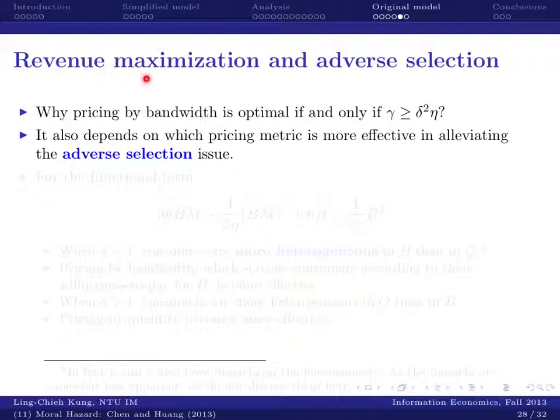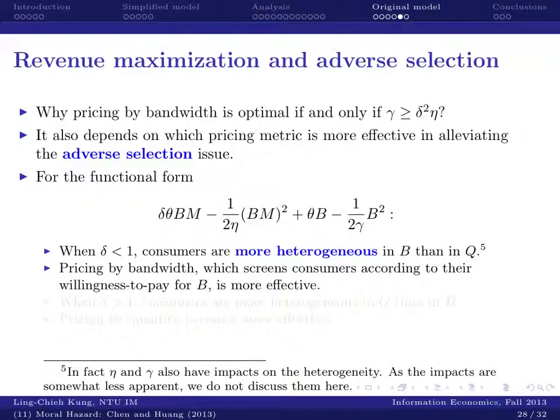Also, revenue maximization and adverse selection have some relationships. Again, we want to analyze this condition. It depends on adverse selection. Why? Look at the functional form again. Suppose delta is small.